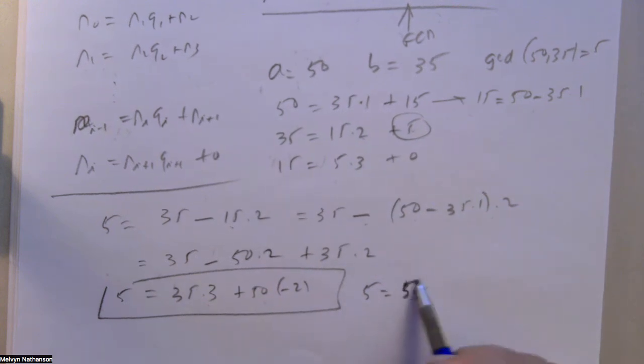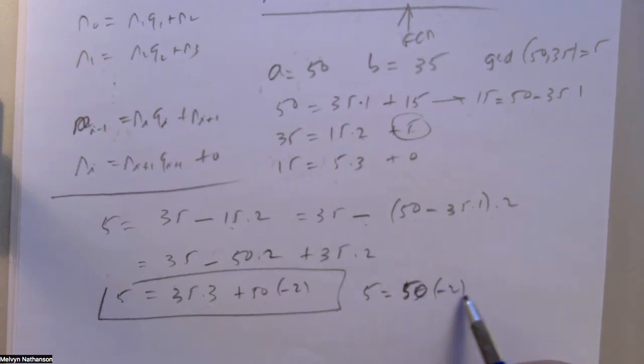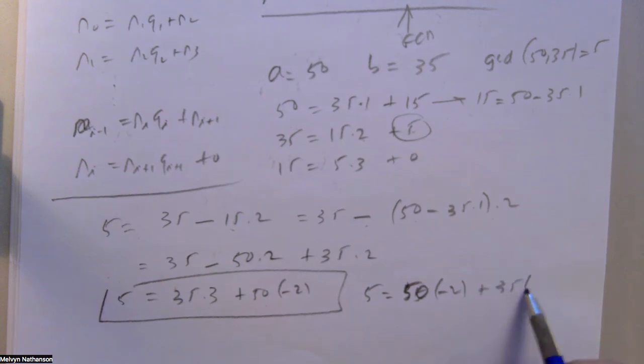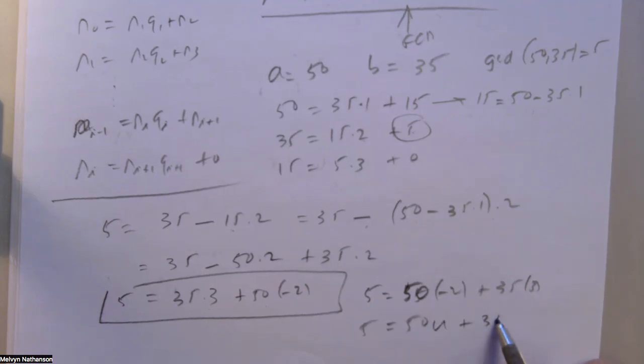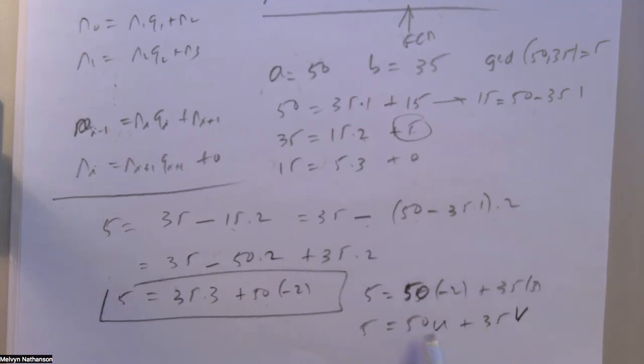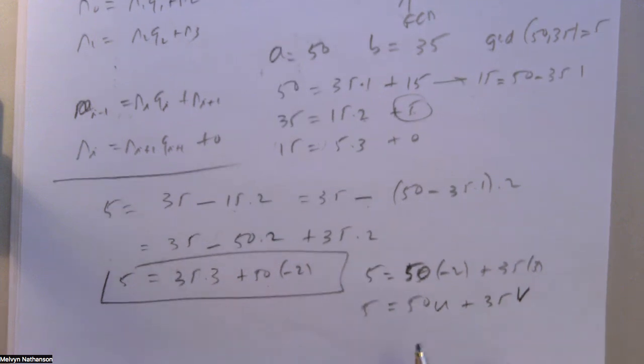Let me write this as 50 times minus 2 plus 35 times 3, or 5 is 50 times some integer u, plus 35 times some integer v, where u is minus 2 and v is 3.